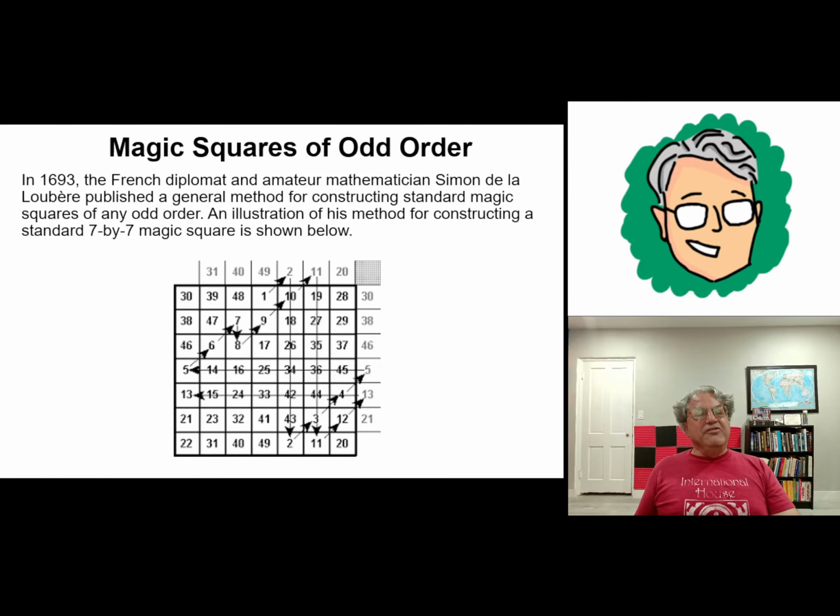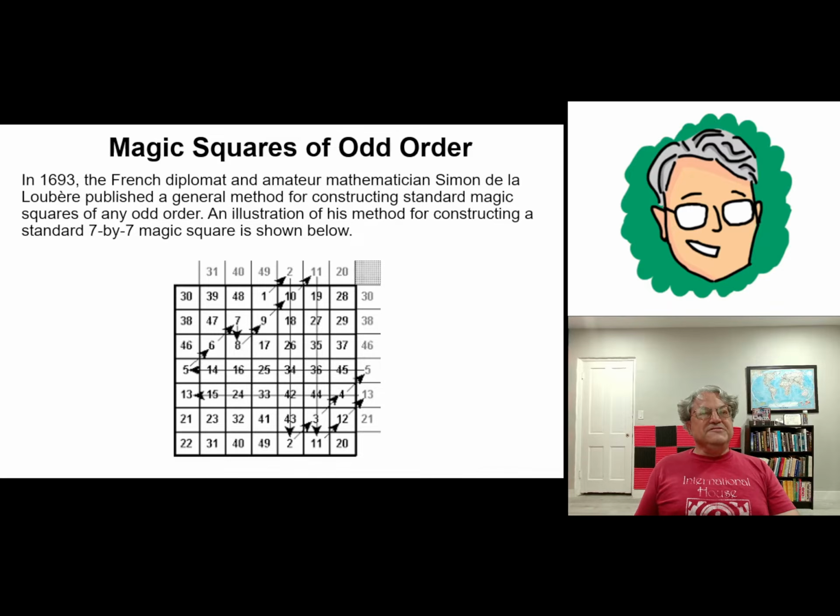And one more thing I think I should mention, since this is a short video. One very famous man who was interested in magic squares. You might be surprised by this, but Benjamin Franklin, it turns out. He dabbled in math. He was an amateur mathematician, and one thing he was really interested in was magic squares.